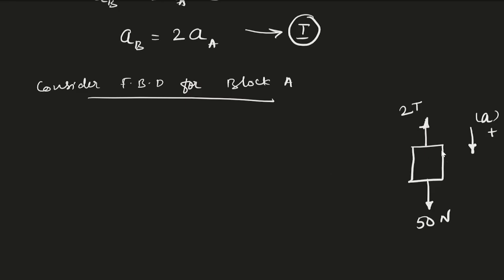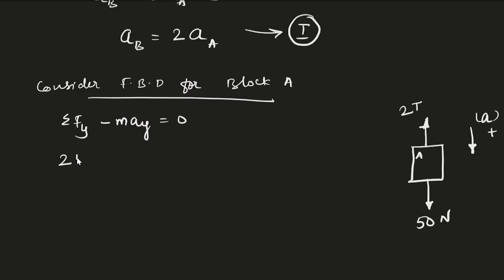Okay, so this is the block A, and we have to use D'Alembert's principle, that is summation of F_y minus m a_y will be equal to 0. This is D'Alembert's principle in the vertical direction. Here F_y is nothing but all the vertical forces, right? So we have to consider all the vertical forces.